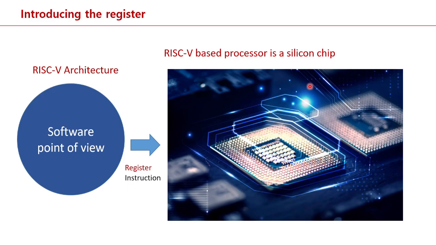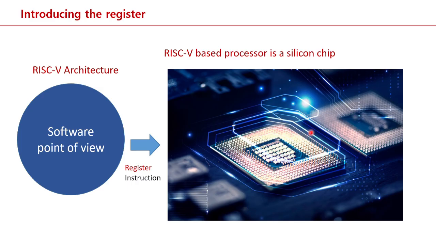In order to configure these silicon chips from a software perspective, we need an interface. That interface is called the architecture. The architecture is the interface between hardware and software.